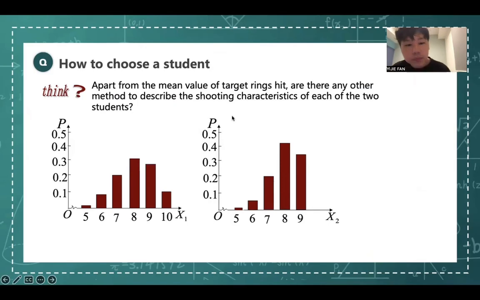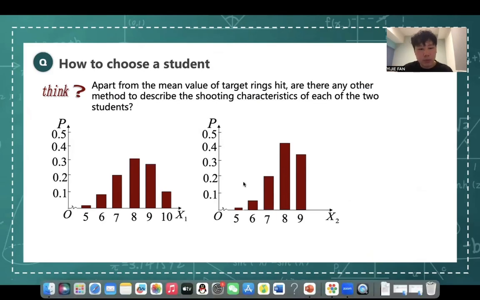But in the second case, if the scores in other classes are 7, we only need to get 8 so that we could win this game. So we can find student 2 has bigger probability than student 1 to get a score higher than 7 because he's more stable.